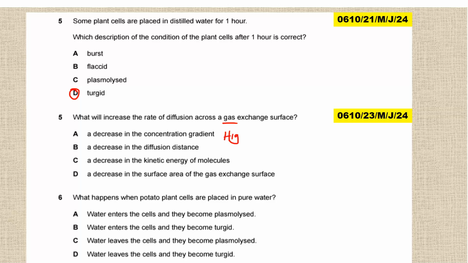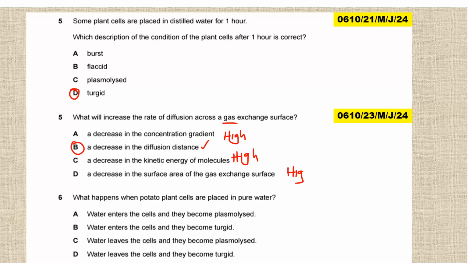Concentration gradient needs to be high. Decrease in diffusion distance, yes, one of them. Decrease in kinetic energy. Kinetic energy needs to be high, remember, temperature. Decrease in surface area. Surface area needs to be large. So in other words, what will increase it is the decrease in diffusion distance.